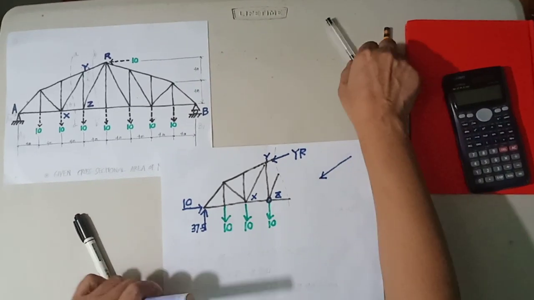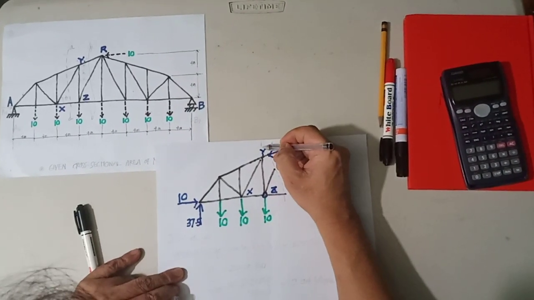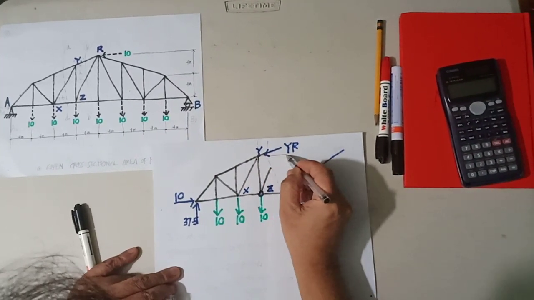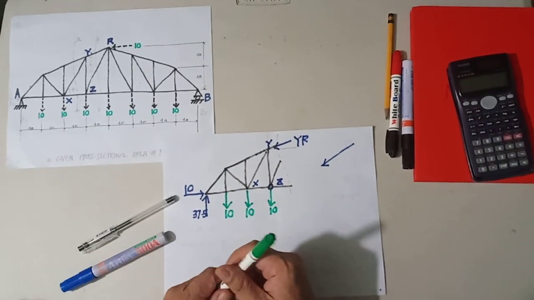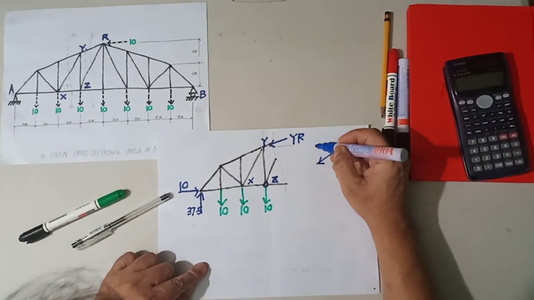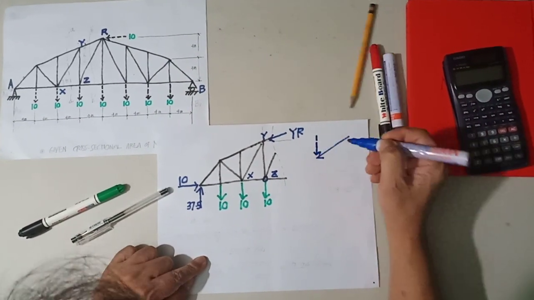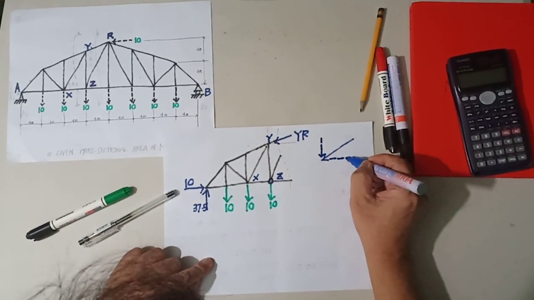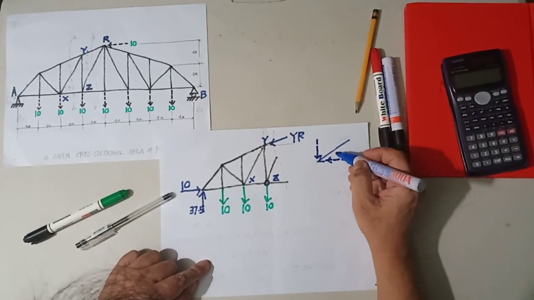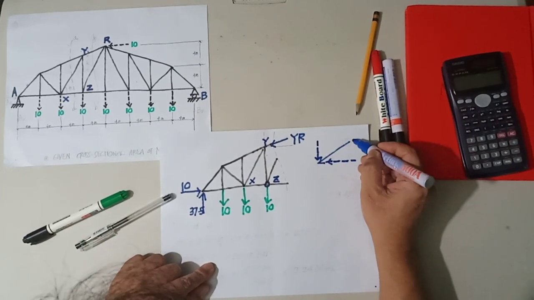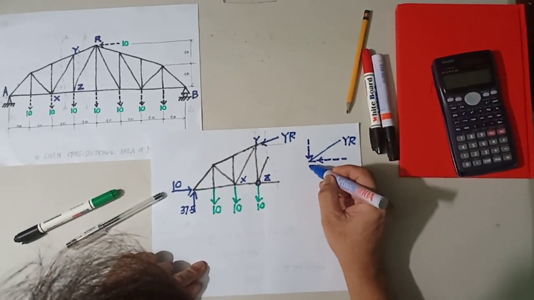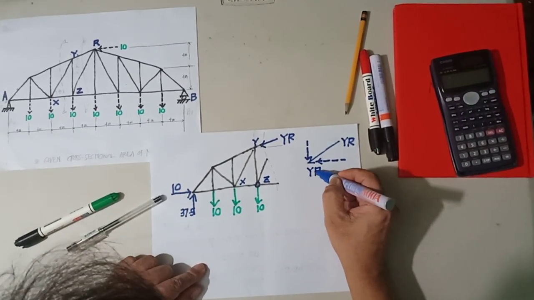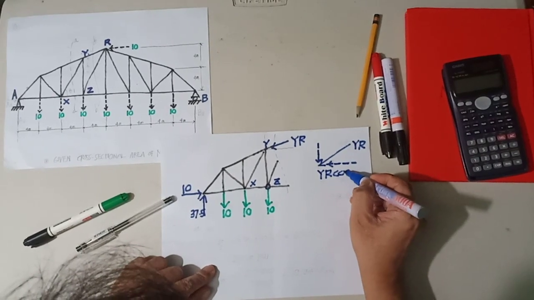Actually, it has a vertical component and a horizontal component. And the vertical component is this one. We have here that vertical component, and a horizontal component, which is that. And this horizontal component is equivalent to YR cosine of theta.